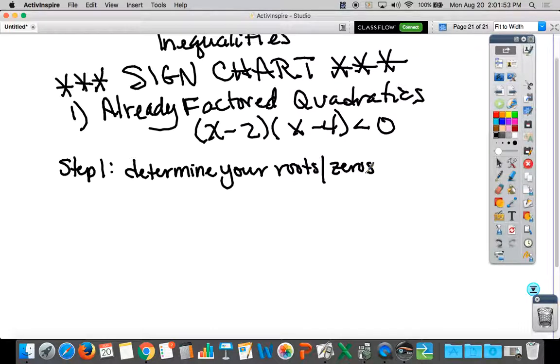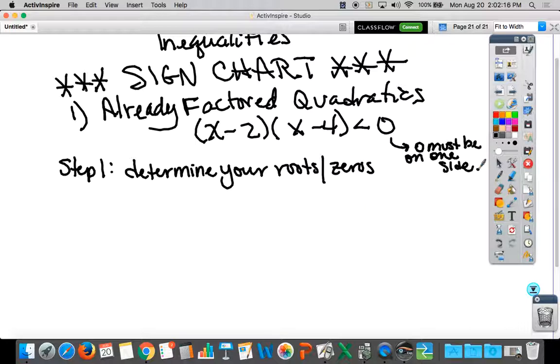By the way, a little side note is it should always be 0. 0 must be on one side. If it's not, we have to move everything over.